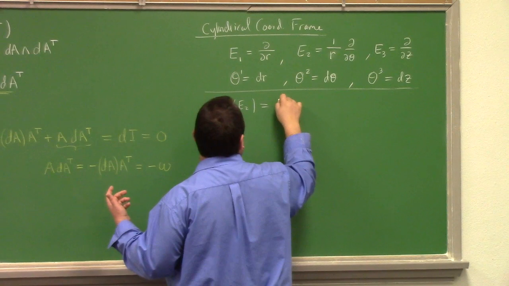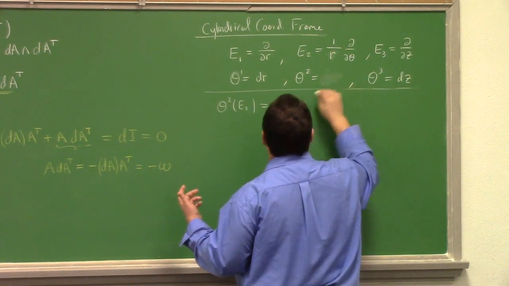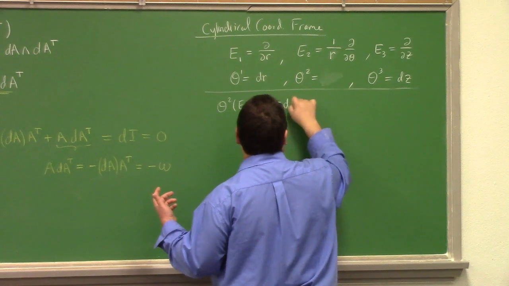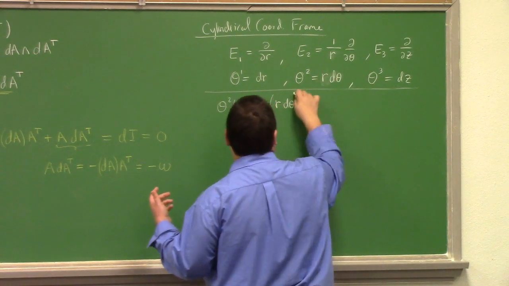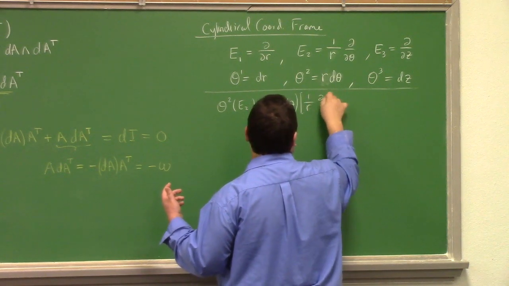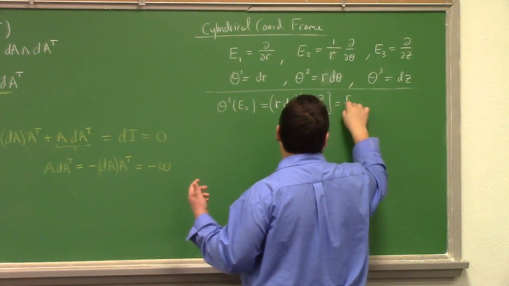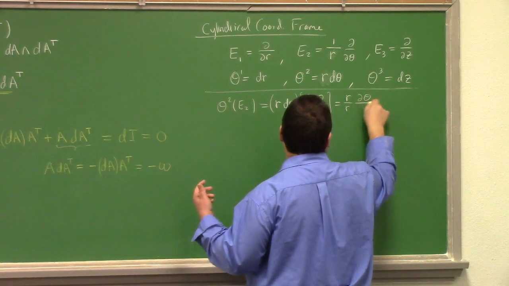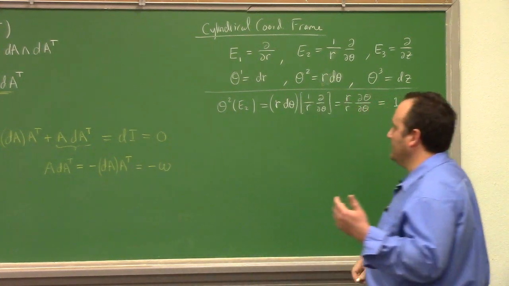Oh, good grief, I missed something. What goes here? r d theta. So r d theta, acting on 1 over r partial theta, ends up giving us r over r partial theta, otherwise known as 1, all is good in the world.